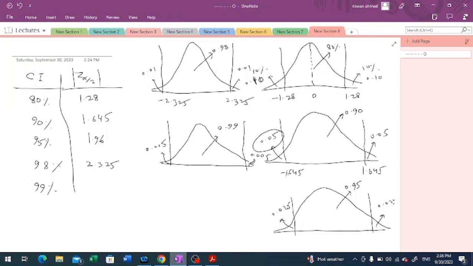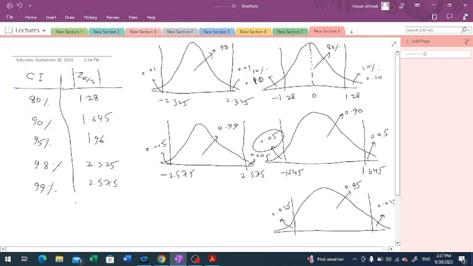So we will take the values of z as plus 2.575 and minus 2.575, and this is how we quote this value of z across 99% CI.